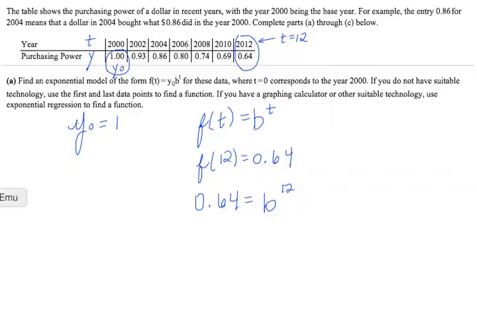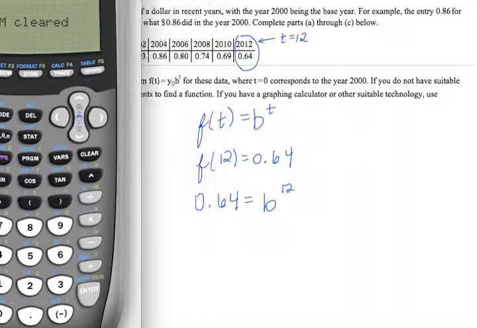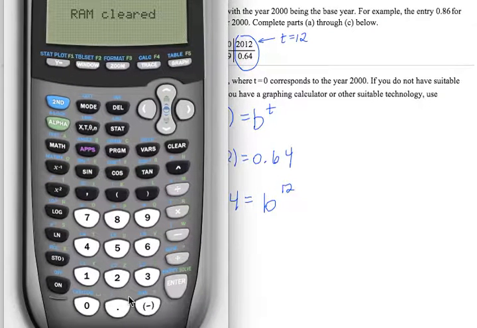So we need to solve that. So we need to take the 12th root of both sides, which I'm opening my calculator right now to do. Okay, so we're going to take 0.64 to the 1/12.